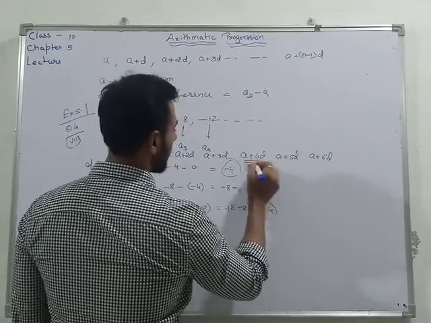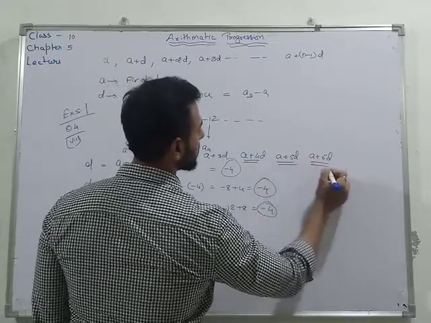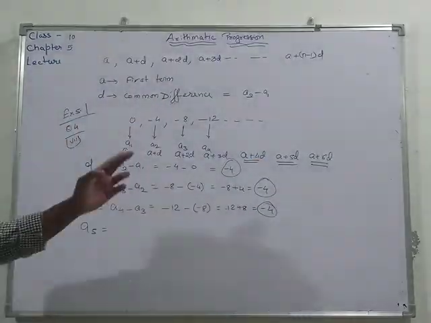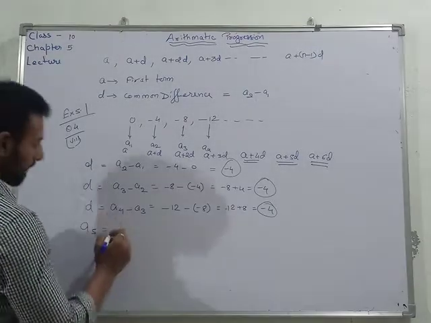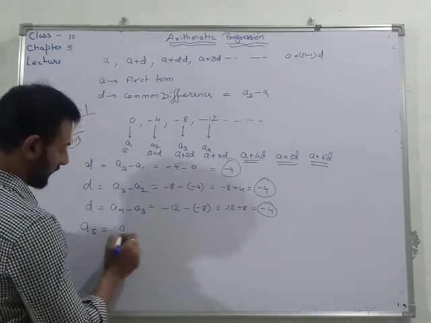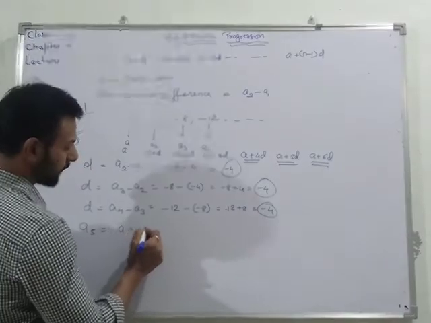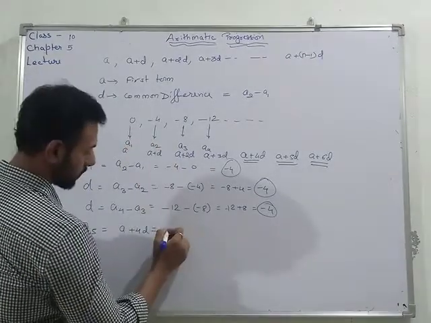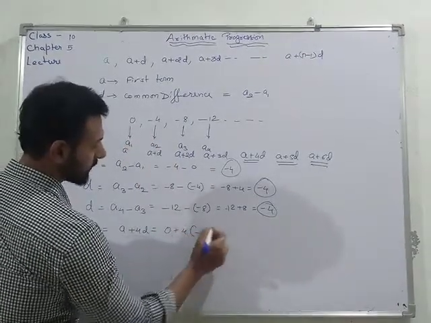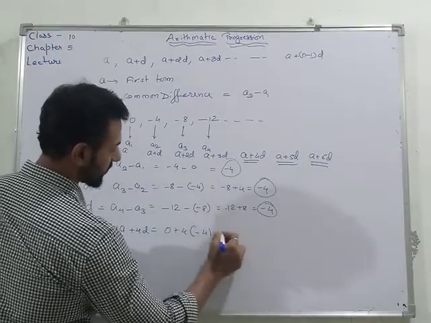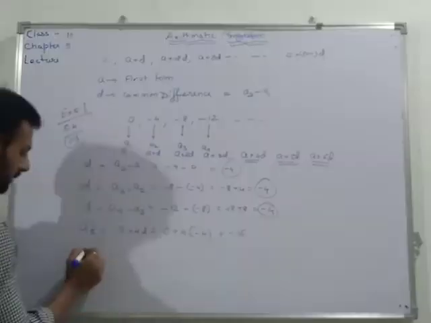We have to identify a plus 4d, a plus 5d, a plus 6d. 3 more terms we have to identify. A5 will be a plus 4d. a is 0 plus 4, d is minus 4. 4 fours are 16, so this will be minus 16.